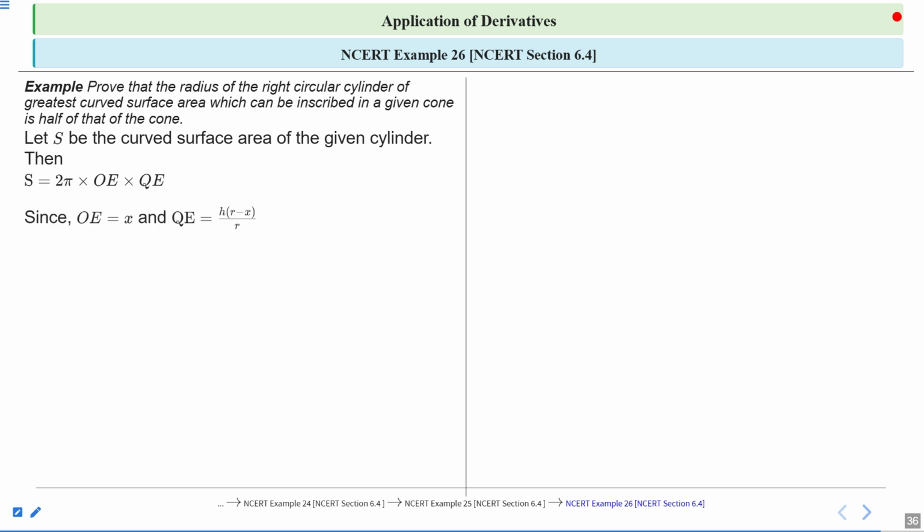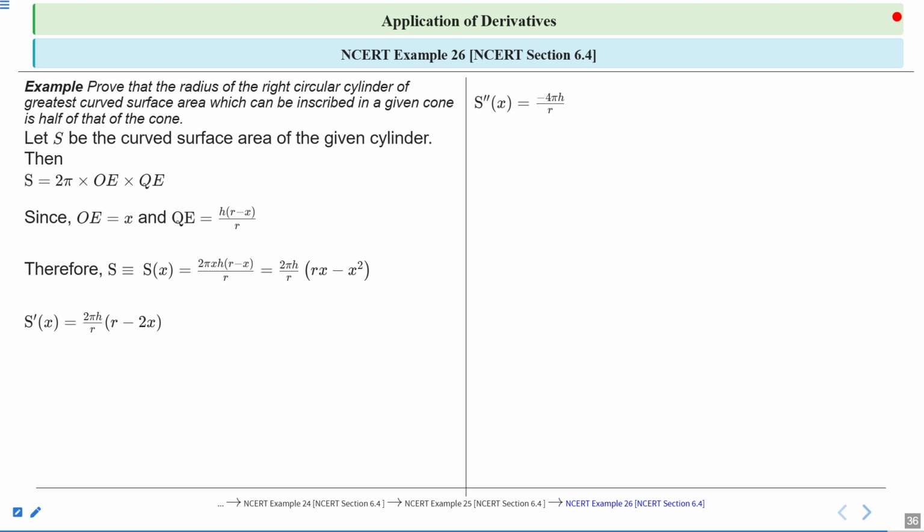Since OE is equal to X and QE is equal to H times R minus X upon R, therefore S will be equal to S of X, which is equal to 2 pi X H into R minus X upon R, right? Which is equal to 2 pi H upon R into RX minus X square. So S dash X will be equal to 2 pi H upon R into R minus 2X.